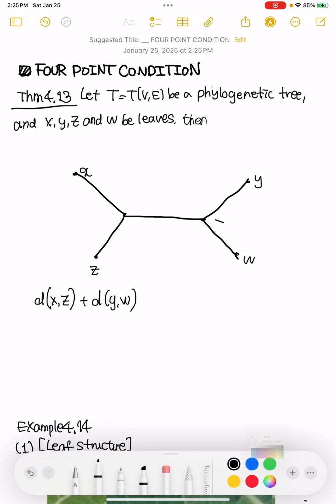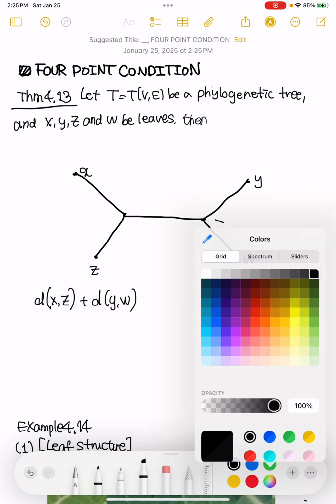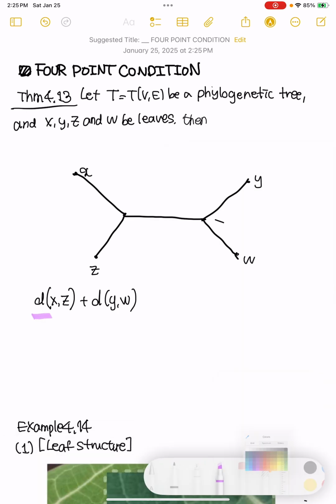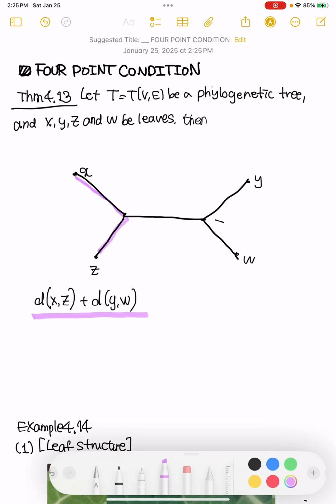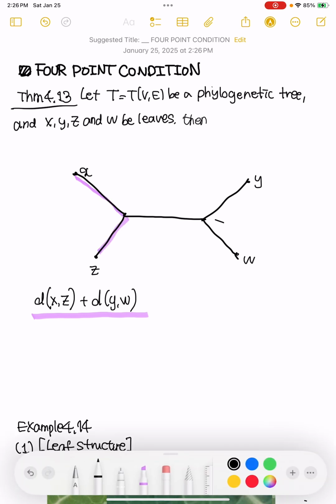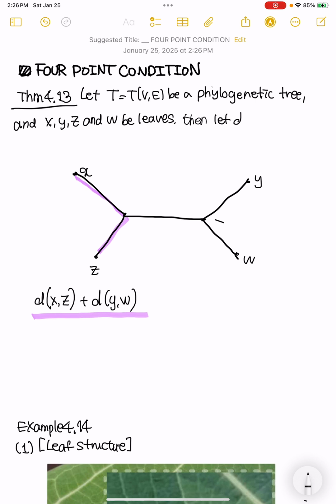if we add dxg, okay, then let dxy be the shortest path between x and y.